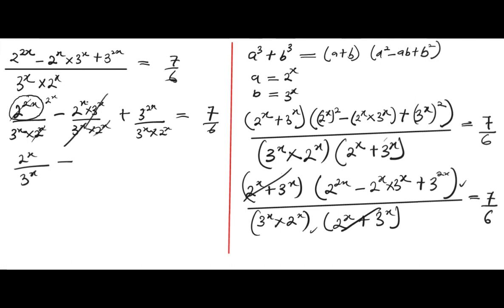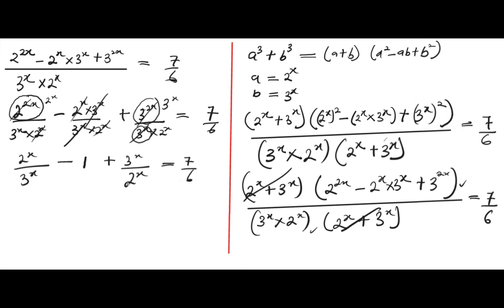So you're gonna have 1 plus, here we have 3 raised to the power of 2x, and here we have 3 raised to the power of x, okay? So this one will cancel one of these, and you're gonna have 3 raised to the power of x here, okay? So this will be 3 raised to the power of x divided by 2 raised to the power of x equals to 7/6, okay?